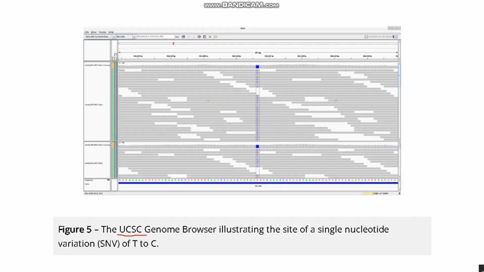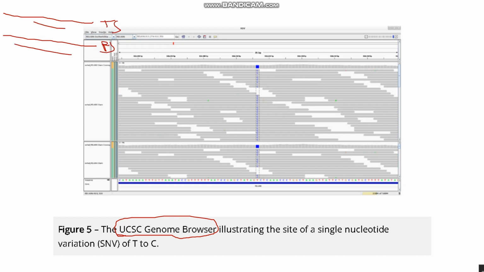And by using the UCSC Genome Browser, we can align or compare the reference sequence with the test sequence. This is the test sequence, and this is the reference sequence.